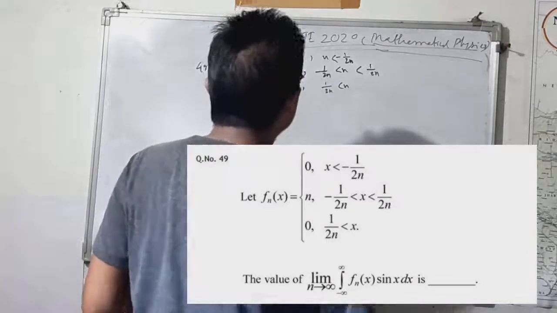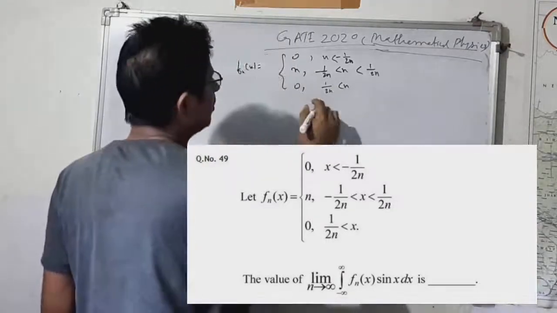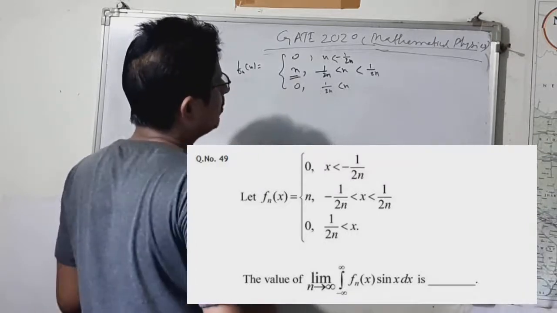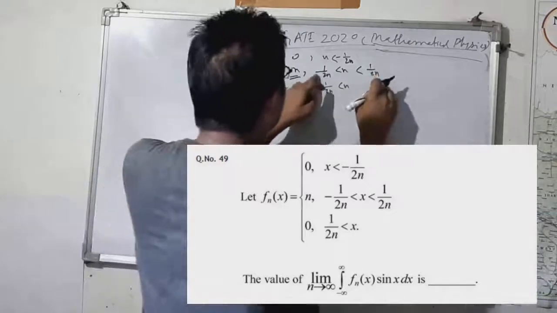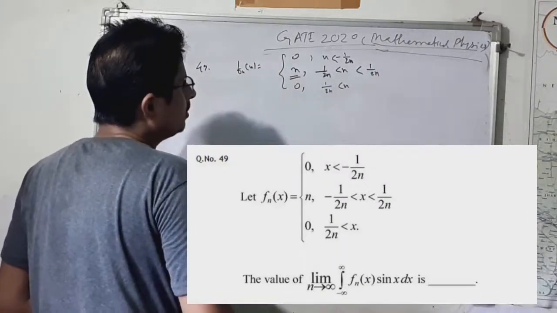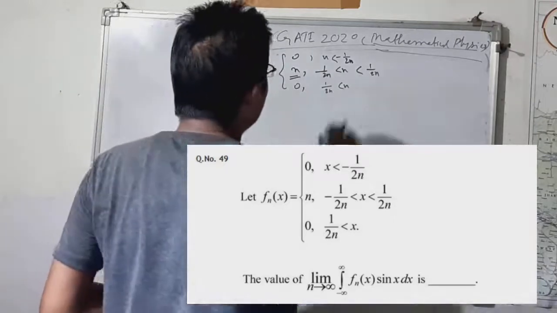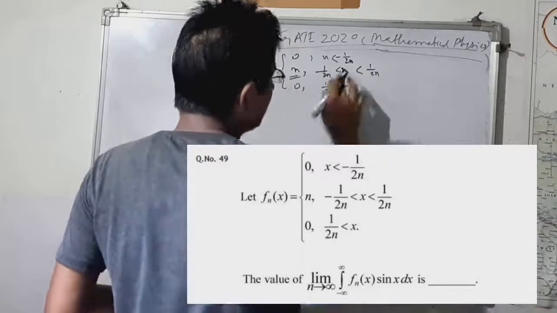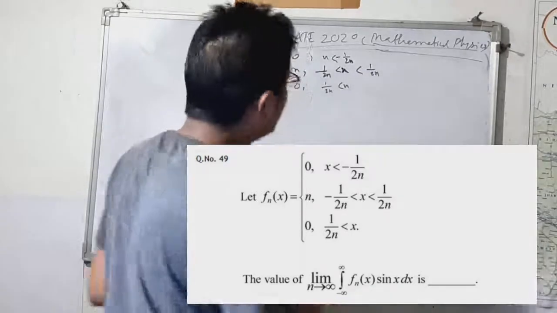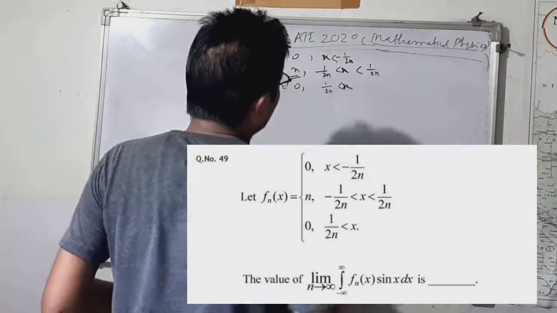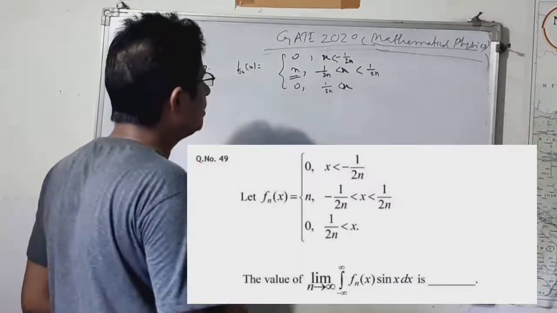Okay, so actually the value is only non-zero in this interval, and in all other regions the value is 0.